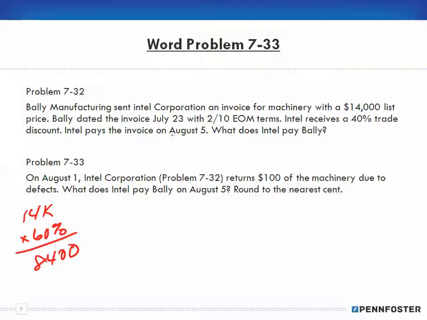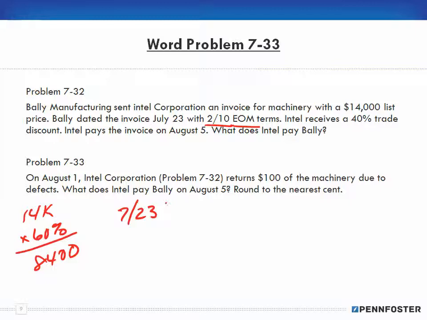Now, Intel pays the invoice on August 5th. So the invoice is dated 7/23/23, and the terms are 2/10 end of month. Remember, end of month means the 25th.